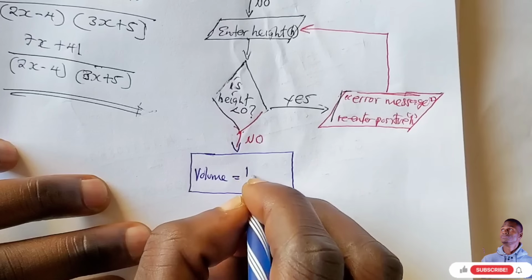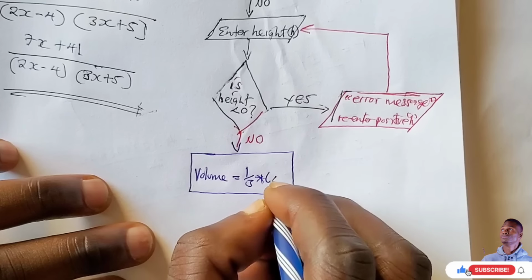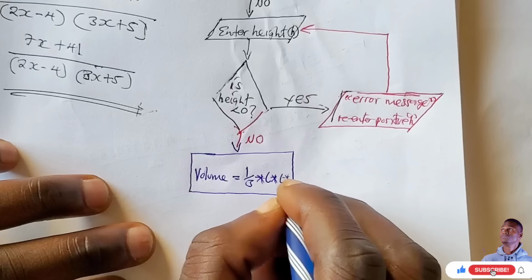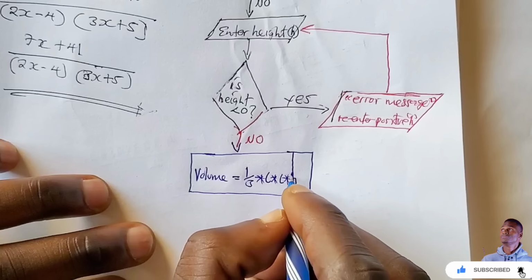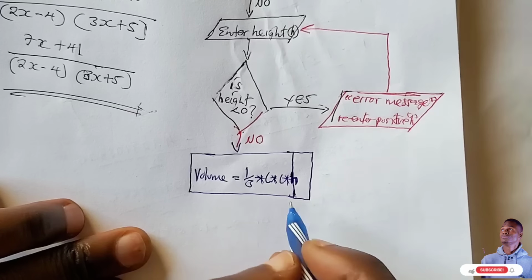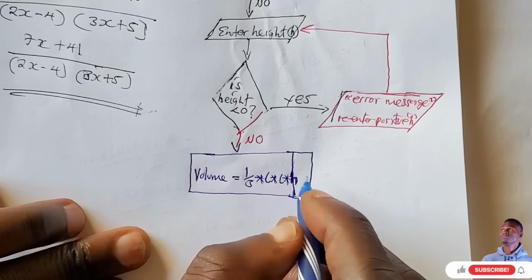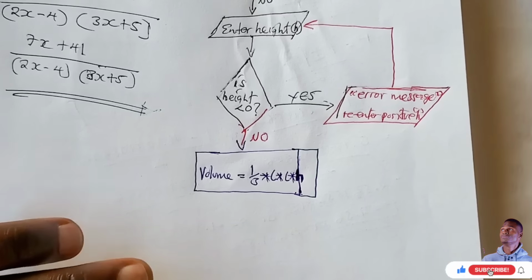So volume is equal to 1/3 times, we're going to use a star, times length, times another what? Length, times height. Okay, times height. Are we together? Don't draw like this. It's supposed to be a rectangle, I mean.